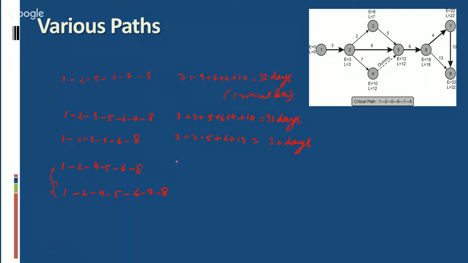1, 2, 4, 5, 6, 8: 3 plus 7 plus 0 plus 6 plus 13, 29 days. And 3 plus 7 plus 0 plus 6 plus 4 plus 10 equal to 30 days.